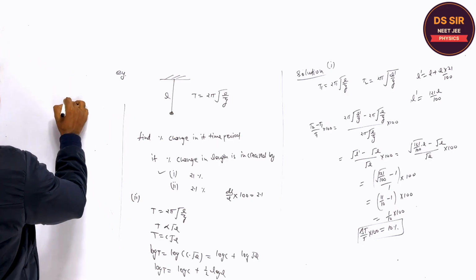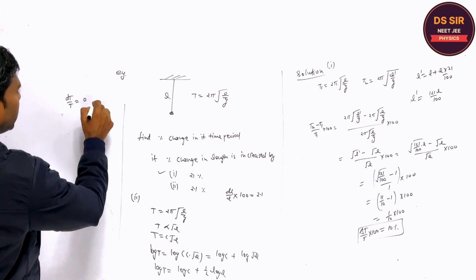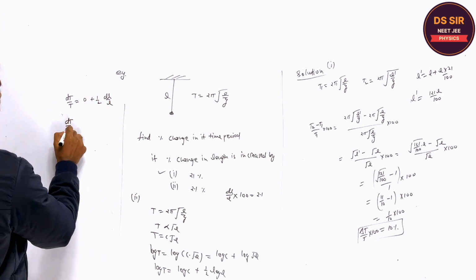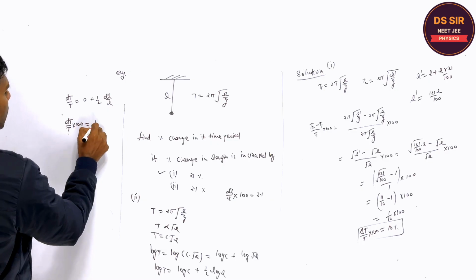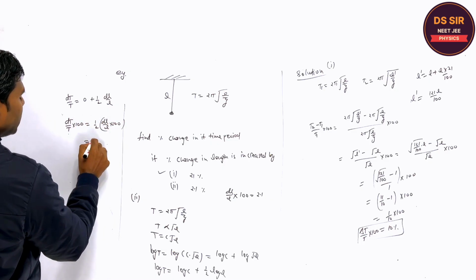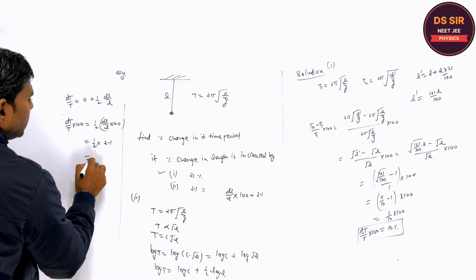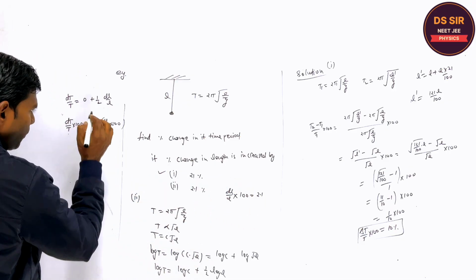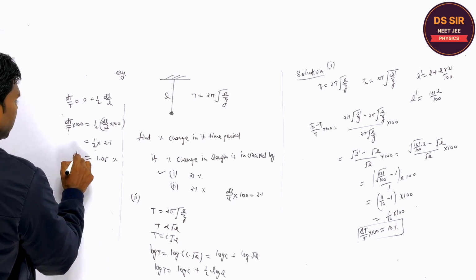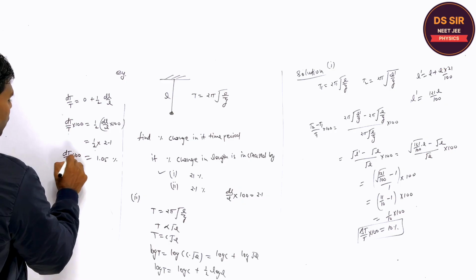If you differentiate, dT upon T equals 1 by 2 dL upon L. So dT upon T into 100 is equal to 1 by 2 dL upon L into 100. Right? It is 1 by 2 times 2.1. The answer is 1.05%. So this is the percentage change in the time period.